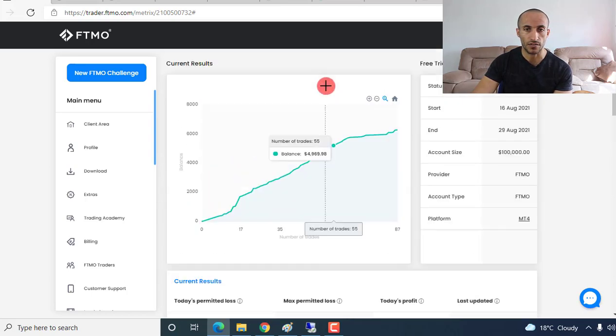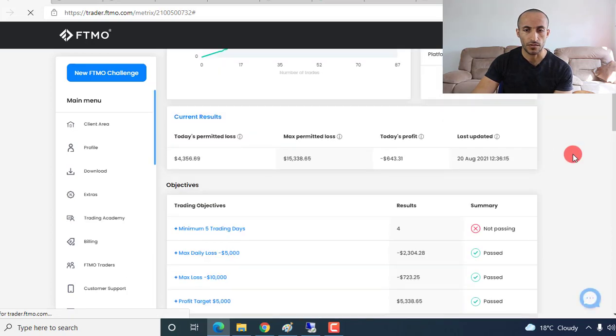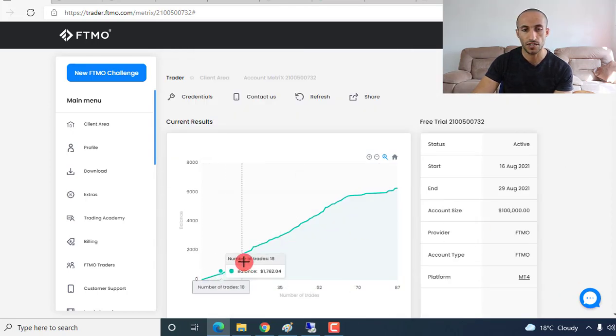If I refresh it, nothing will change. Well, I think we slightly changed it over here. Okay, anyway, so we're going to land this one. We're already in $319 profit today. The biggest day was Tuesday with almost 2,800. That's the approach, guys. So you see it already passed the challenge, and that's it.